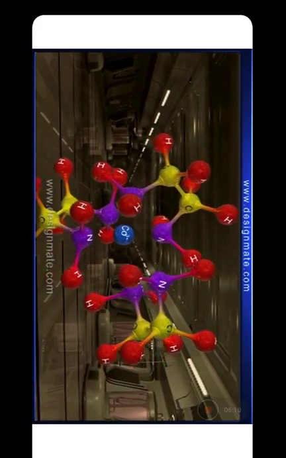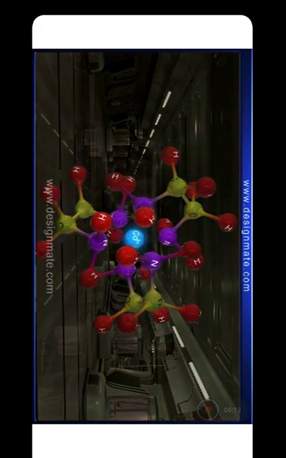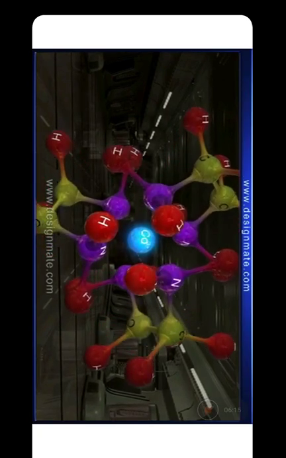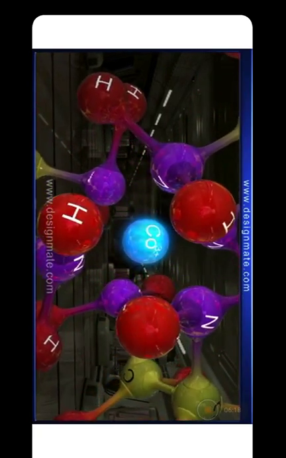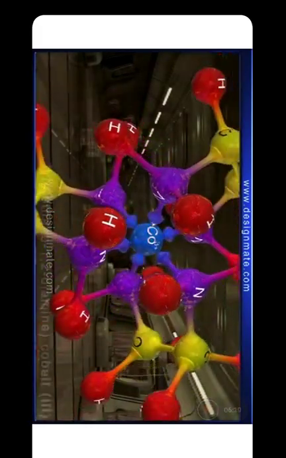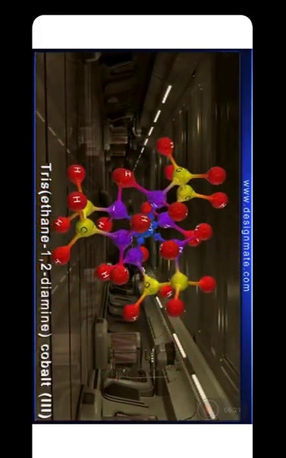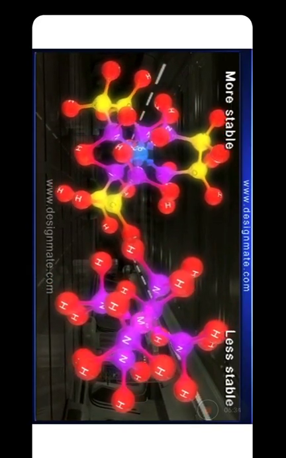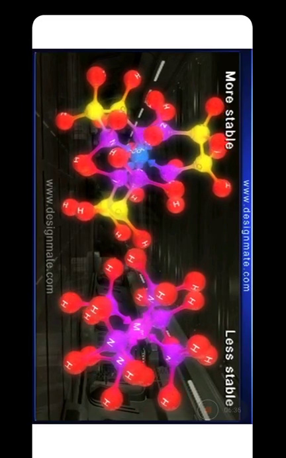Here, each ethylene diamine molecule is bound to the metal ion through 2 coordinate bonds, and thus the metal ion is surrounded by a total of 6 coordinate bonds arising out of 3 such ligand molecules. Such a large complex ion is much more stable than the hexaamine metal ion, in which the metal is surrounded by monodentate ligands, each providing only 1 pair of electrons.